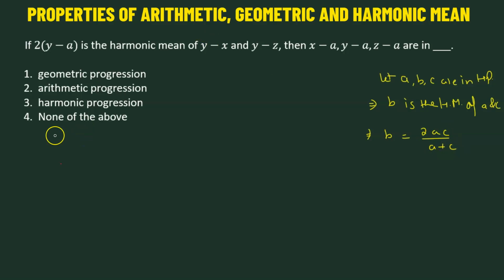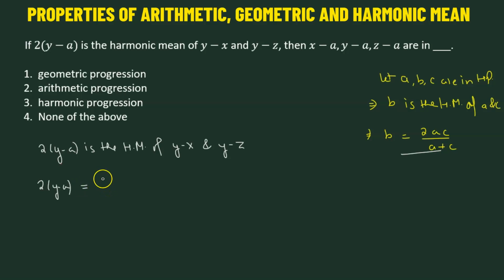Now in the problem, it's given here that 2 times y minus a is the harmonic mean of two numbers, that are given by y minus x and y minus z. So if we apply this particular idea, then 2 times y minus a must be equal to 2 times y minus x times y minus z divided by, we'll have to take the sum, y minus x added to y minus z.